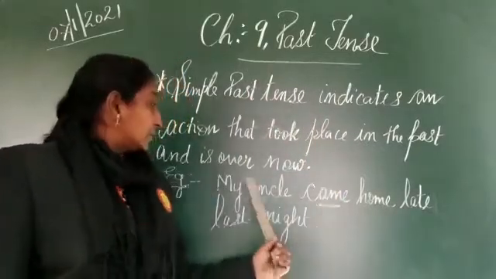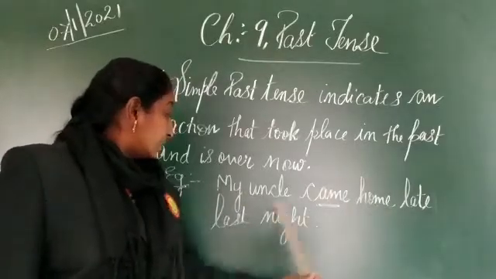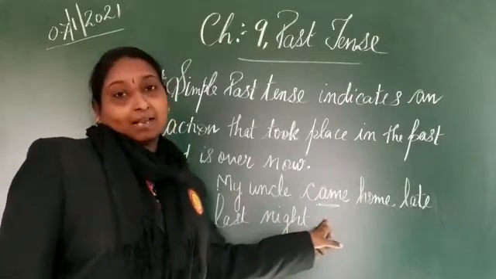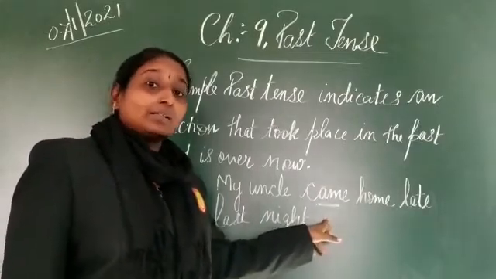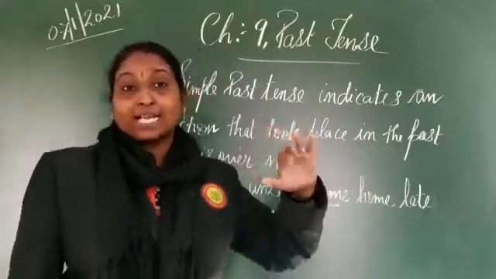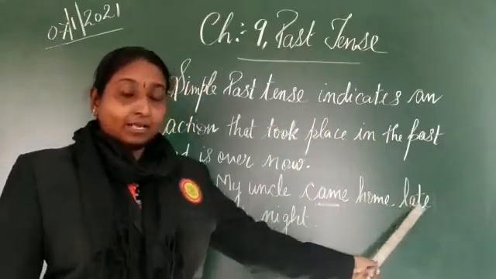One example written on my board is: my uncle came home late last night. Here the word came itself tells us that the person is telling something where the action is already over or already done. See here, my uncle came home late.